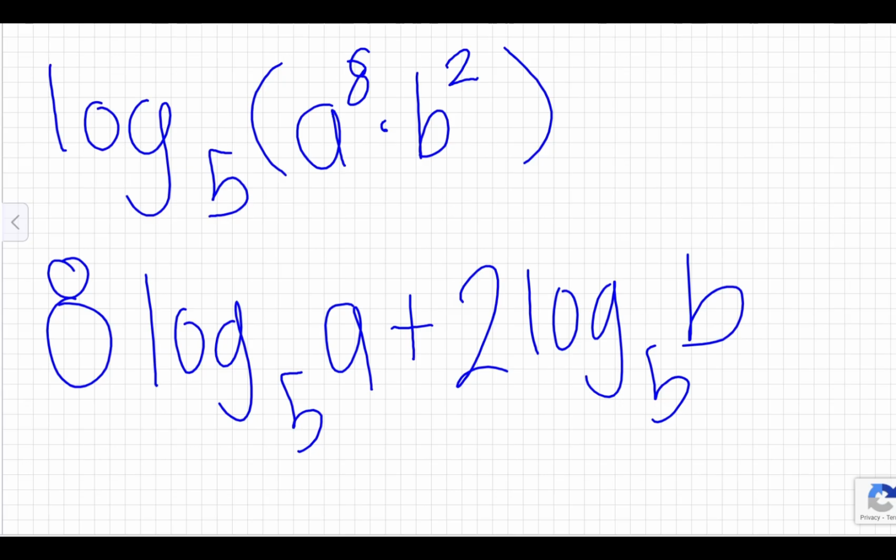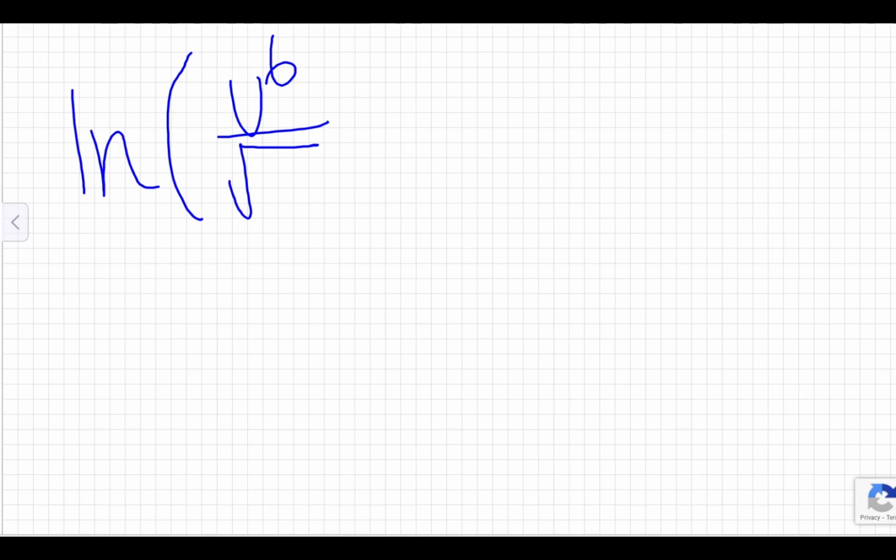Okay, now we're going to move on to expanding a different logarithm. So now we're going to do ln of u^6 divided by, we'll do a tricky one, the square root of v.